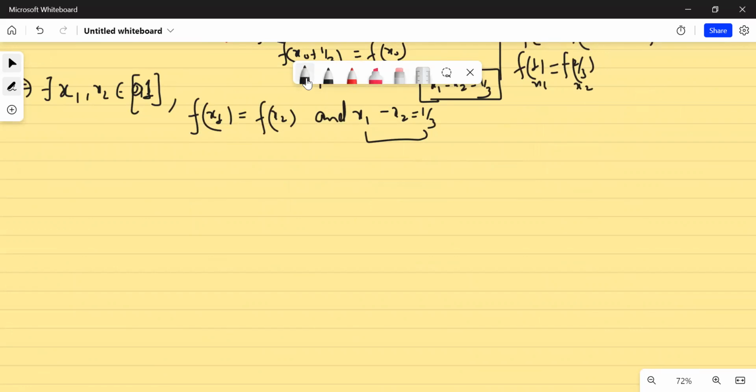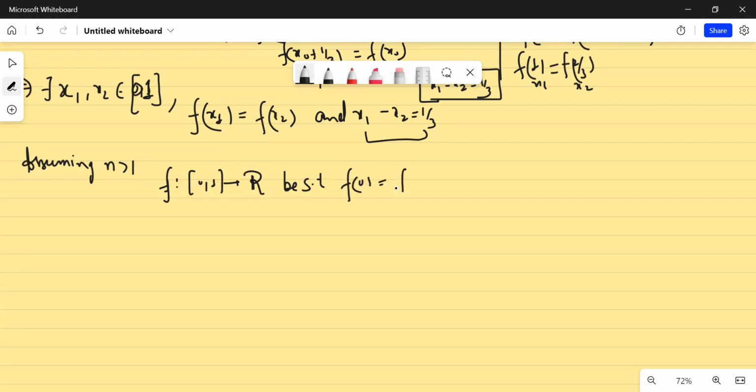So for example, assuming n greater than 1, let f defined from [0, 1] to R be such that f of 0 is equal to f of 1.